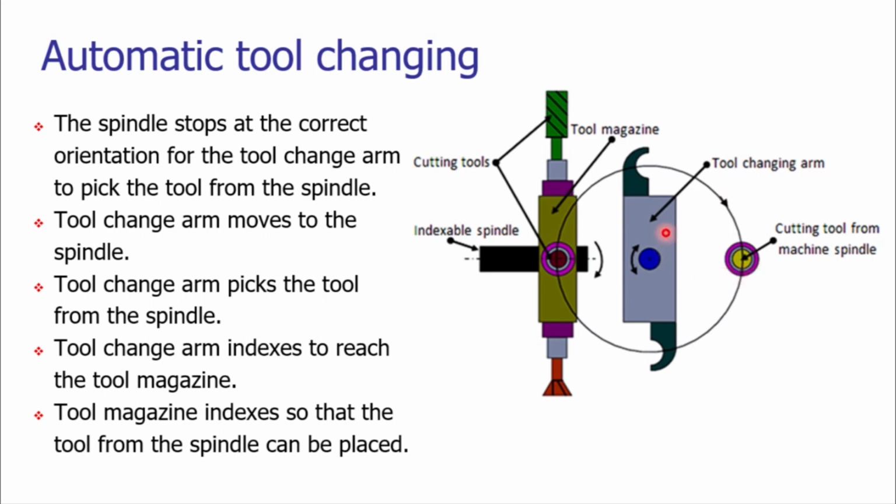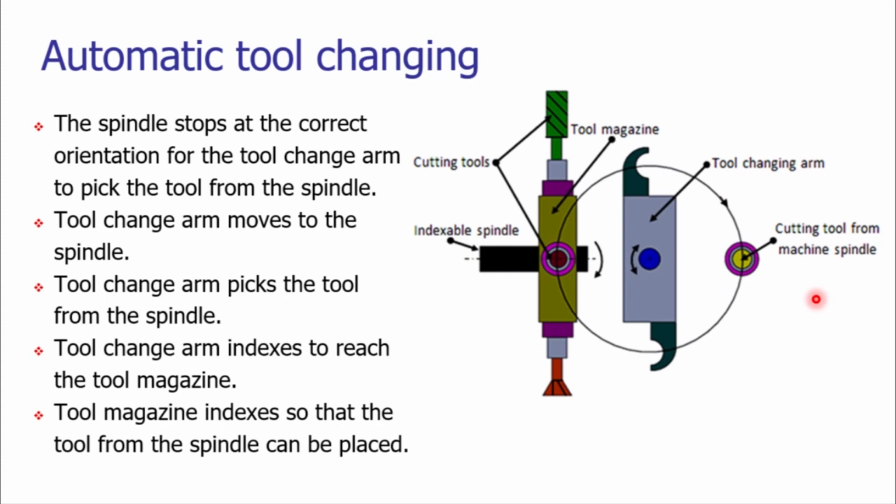A single tool changing arm is taking out the tool from the tool magazine, mounting the tool inside the machine spindle and helping to automate the entire tool changing operation.